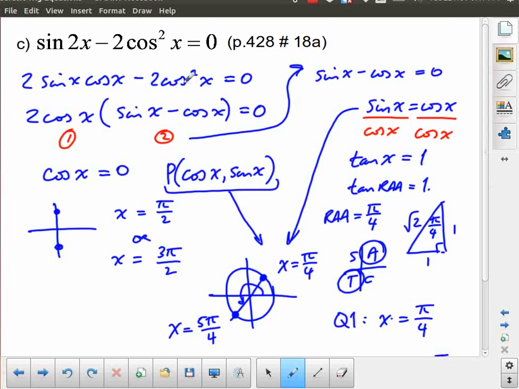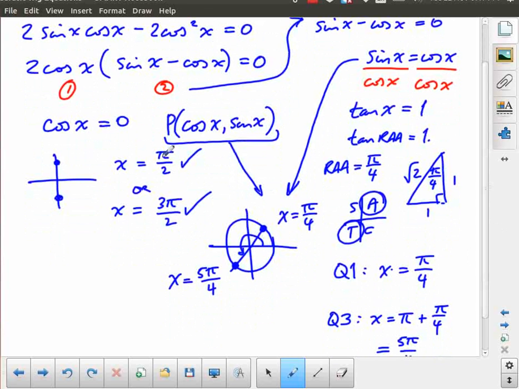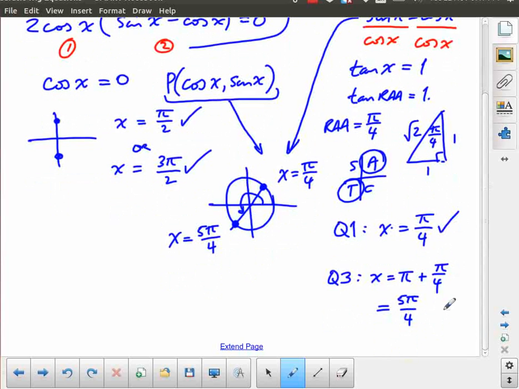So our answers are here and here, and those were from the first equation, cos x equals 0, or the first factor. And then we ended up with these answers, pi by 4 and 5 pi by 4. And you might wrap this up. I'll do that for this one, especially since this got quite crowded. Therefore, x is equal to, and I'm just going to list these.